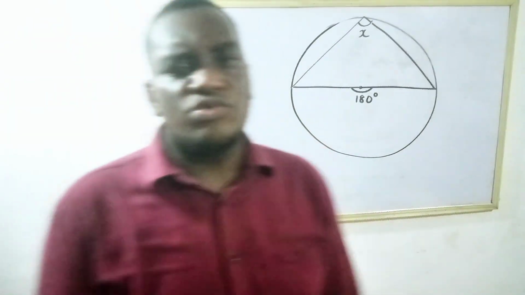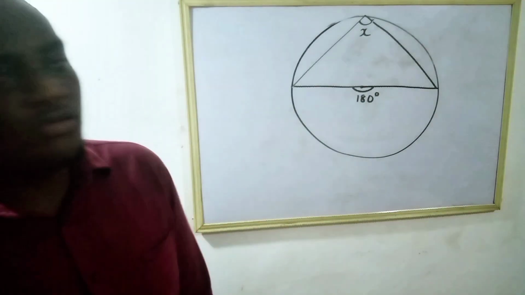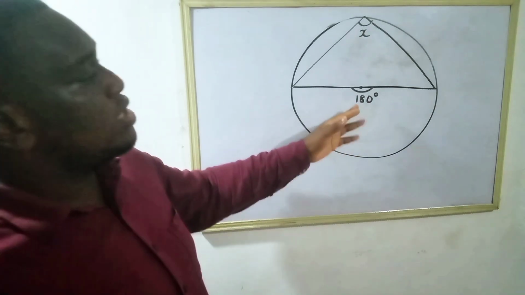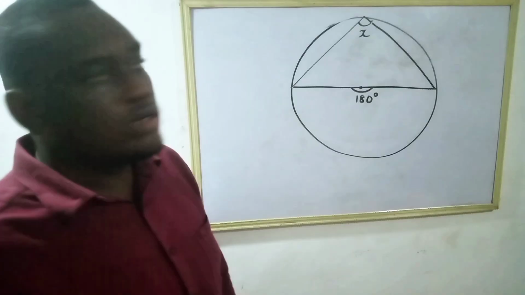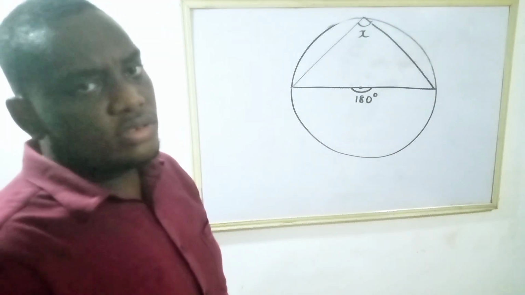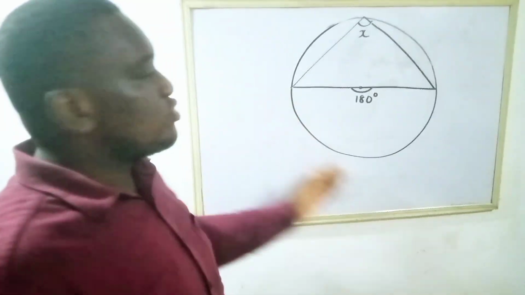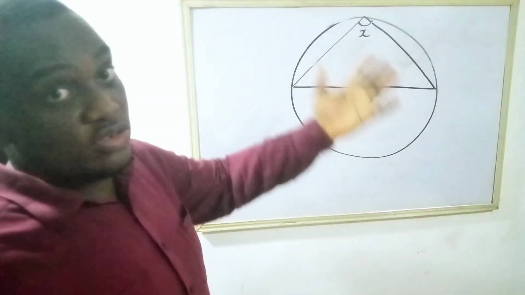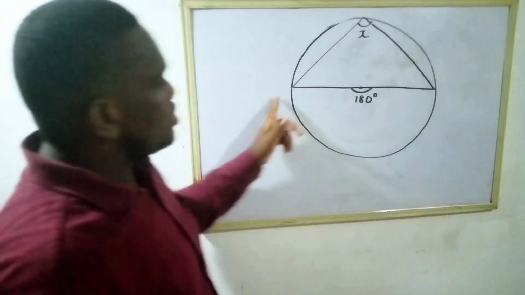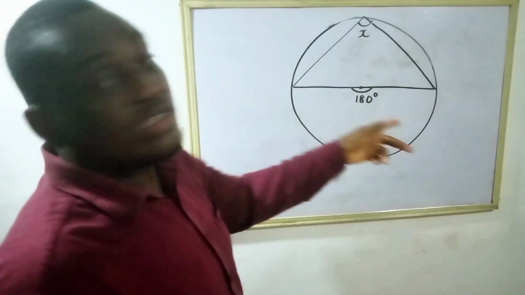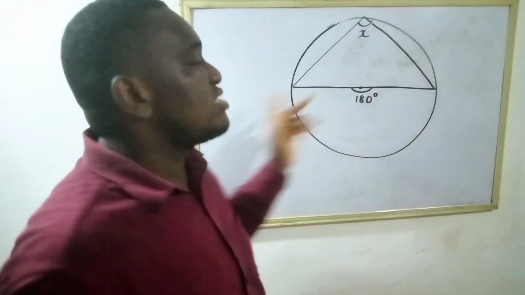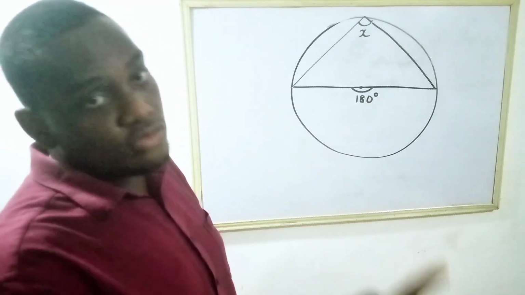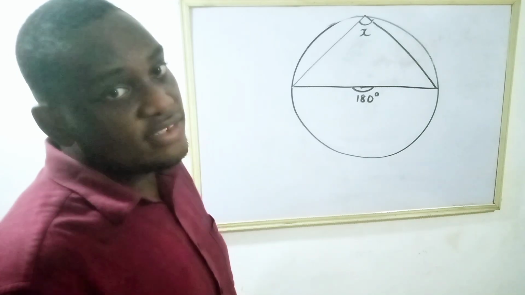Another implication of Theorem 2 is what we want to look at right now. Remember, from Theorem 2, we know that the angle at the center is always going to be 2 times the angle at any other point on the circumference, provided those angles subtend the same arc. Now, this is the angle at the center, 180 degrees, of course, because this is just the diameter of that circle. It is a straight line that touches both ends of the circumference. And just as we know, the angle on a straight line is 180 degrees.